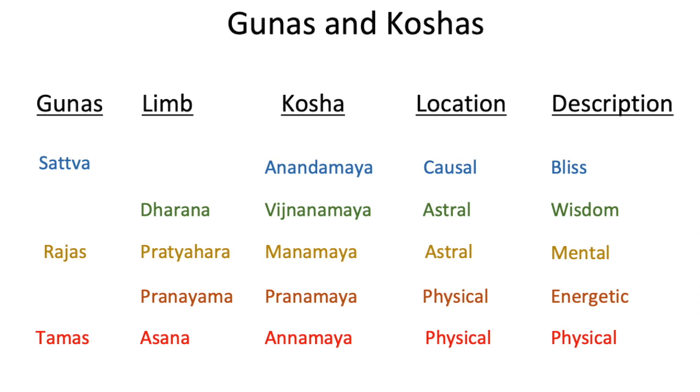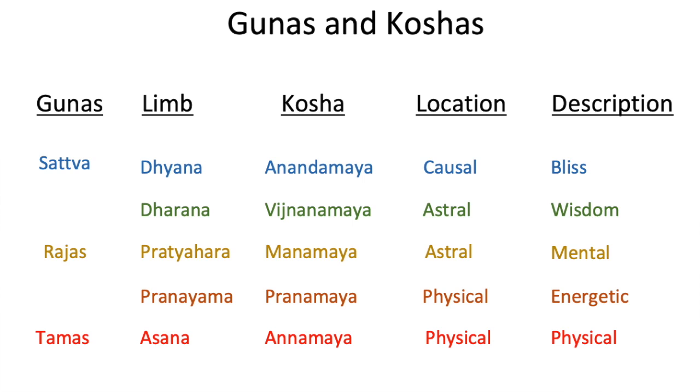Dharana is concentration. Once we can get the mind quiet, our wisdom allows us to concentrate within the astral body on a single point, a single idea. And then dhyana is meditation.